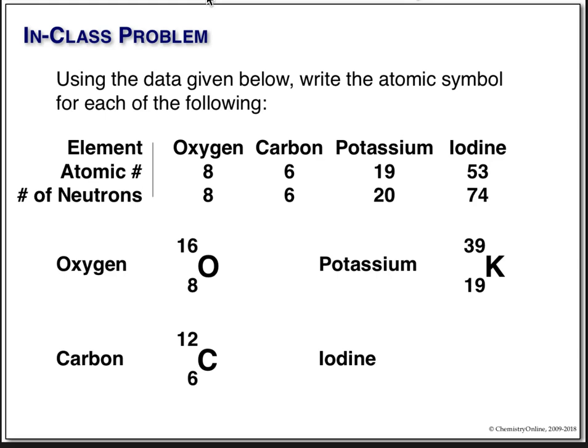Our symbol is I. We have 53 protons in the nucleus. Our subscript is therefore 53. Now, I didn't see anybody using a calculator. So what's 53 plus 74? 127. Any questions?